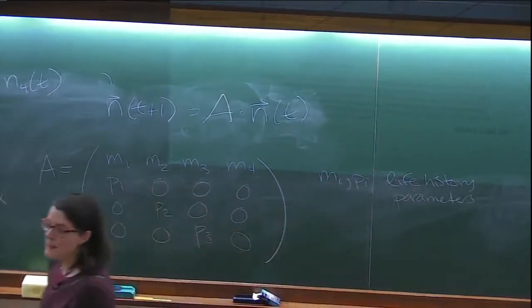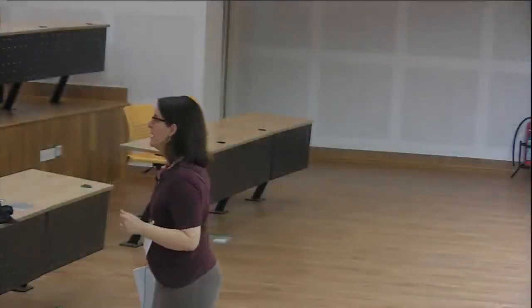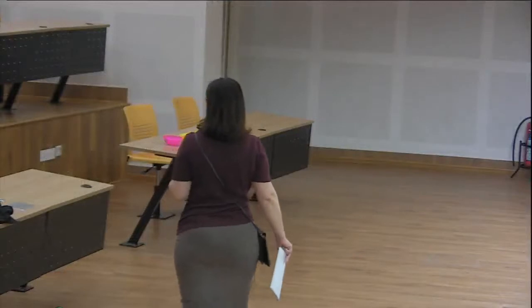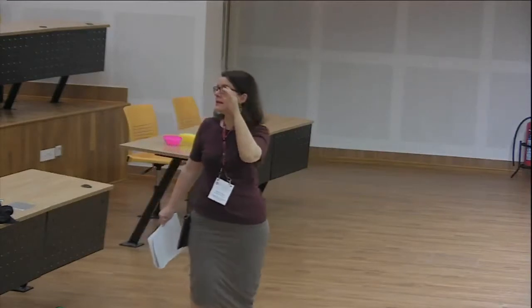And there are many different flavors of these kinds of models. I've written them so that these life history parameters are constant. They don't have to be constant. And I've also written them so that they are not stochastic.